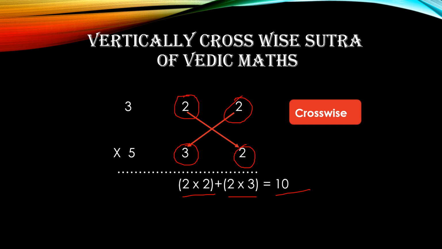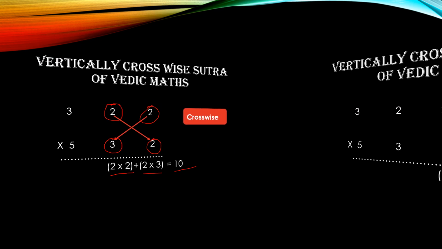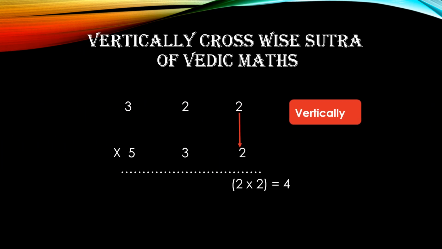That is crisscross multiplication. Write down 10. Then we multiply unit place digit. Here unit place digits are 2 and 2. Multiply this number 2 and 2 vertically. 2 multiplied by 2 we get 4. Write down 4.